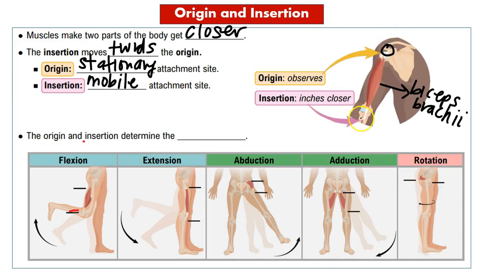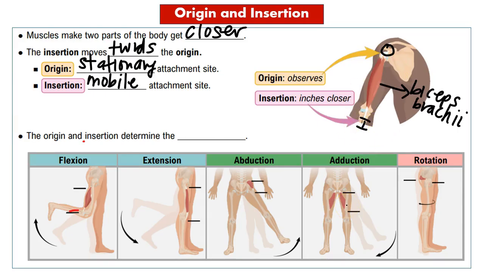I'll put O for origin. And then we have an insertion that goes beyond that elbow joint and is going to be right there on our forearm. Okay? And again, what do we notice here? We're noticing that the origin for this muscle is going to be at the proximal and medial end. And also the insertion is going to be at the distal or lateral end for this muscle.